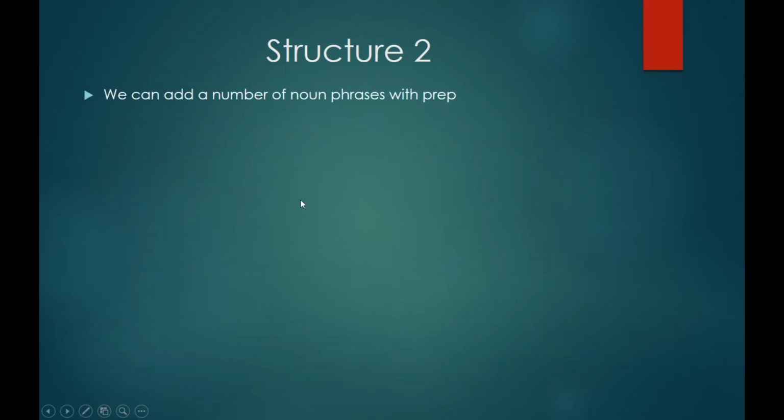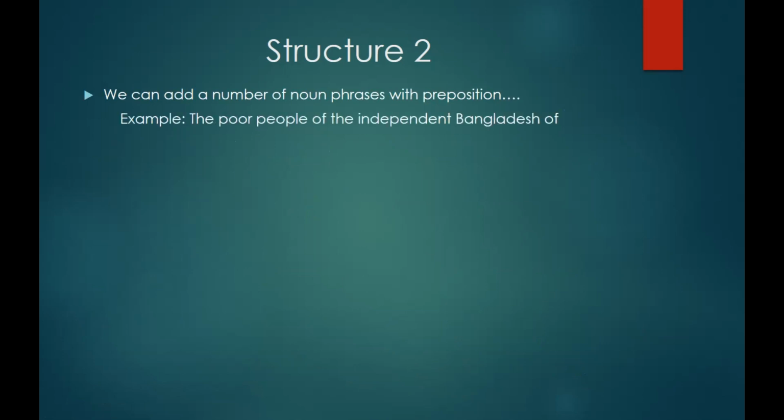We can add a number of noun phrases with preposition. Example, the poor people of the independent Bangladesh of Asian subcontinent are honest. You have here three noun phrases. The poor people, the independent Bangladesh, Asian subcontinent are added together using preposition of and of, and now they together function as a single noun phrase.